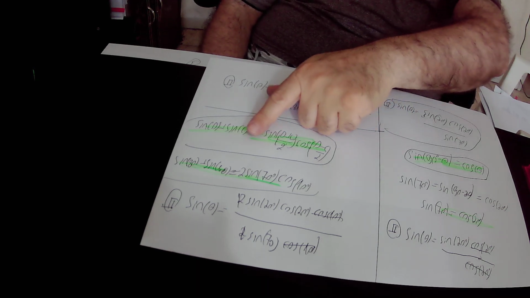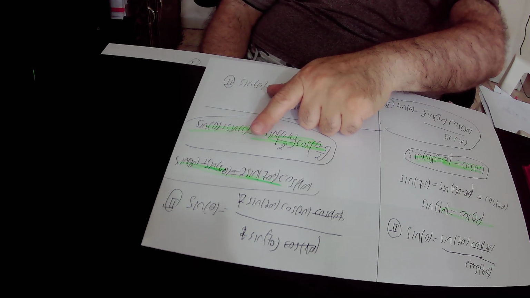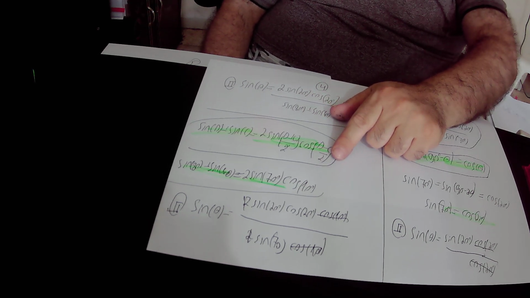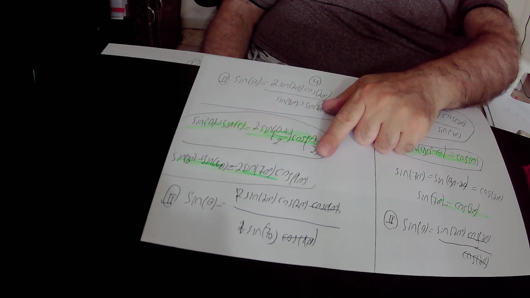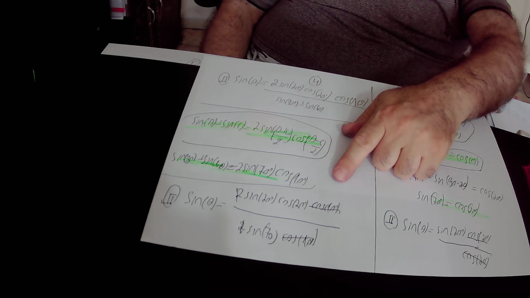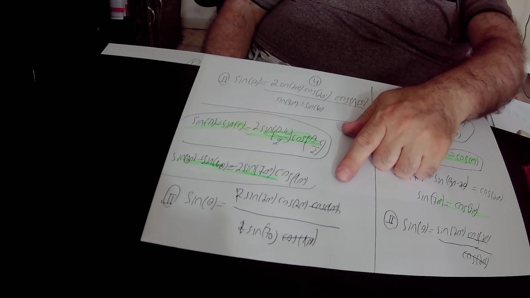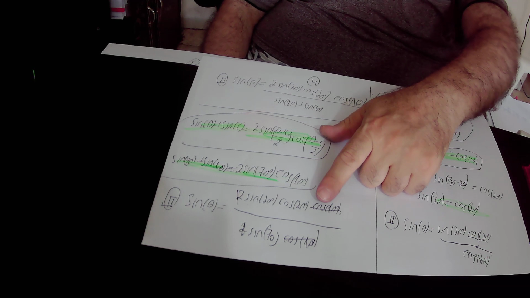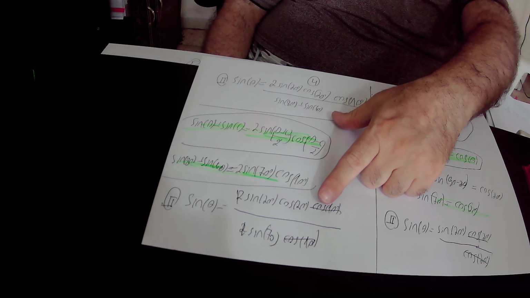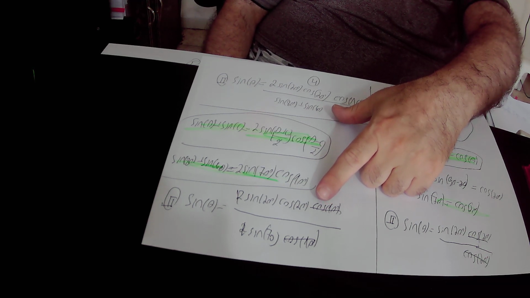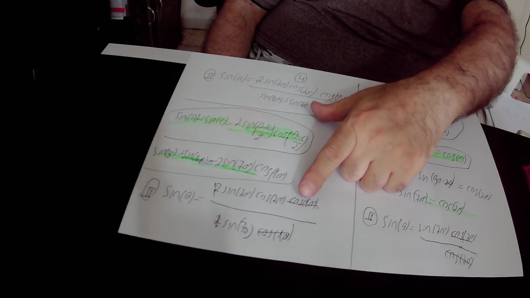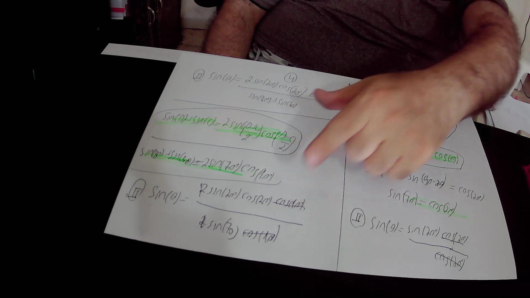Therefore, we can substitute sine 80 degrees plus sine 60 degrees by 2 sine 70 degrees cosine 10 degrees. According to equation number 2, we have 2 times sine 20 degrees times cosine 20 degrees times cosine 10 degrees over sine 60 degrees plus sine 80 degrees, which we replaced by 2 times sine 70 degrees times cosine 10 degrees.